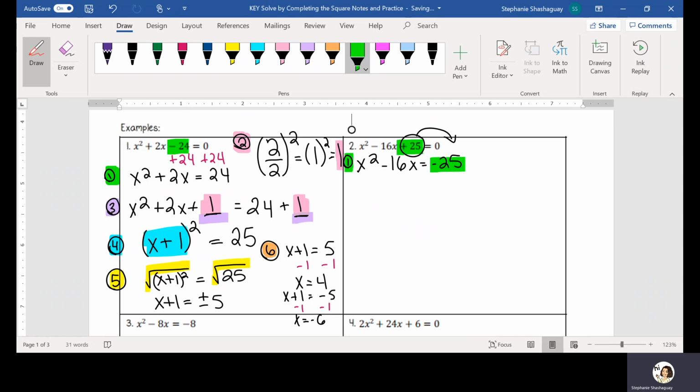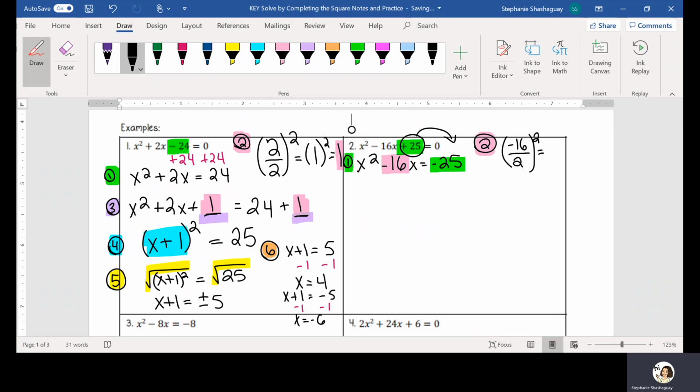now we can move on to step number 2, which is to find our missing term, which is where we complete the square. So we're taking this b term here, negative 16x, negative 16. We're going to divide by 2, and we're going to square it.